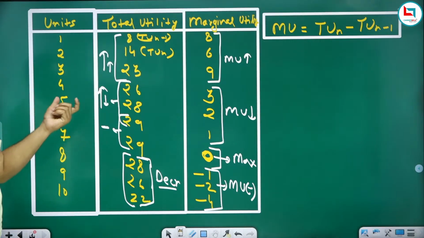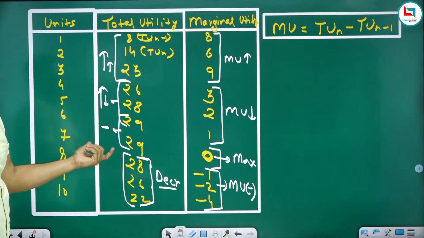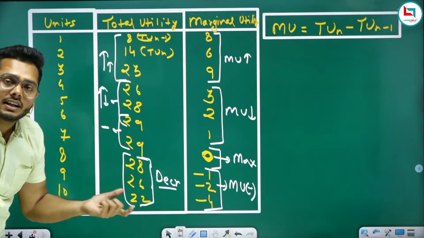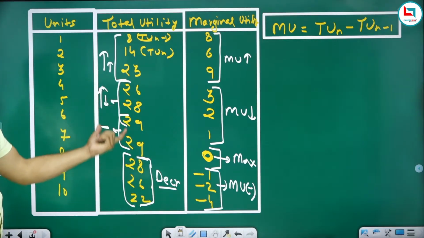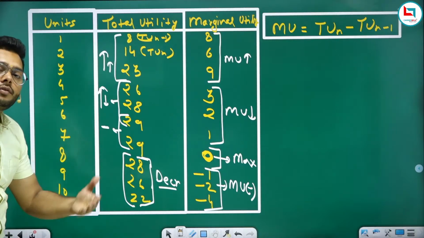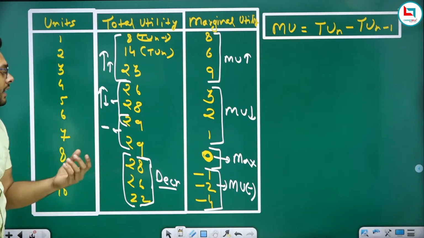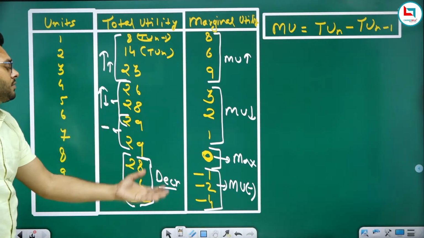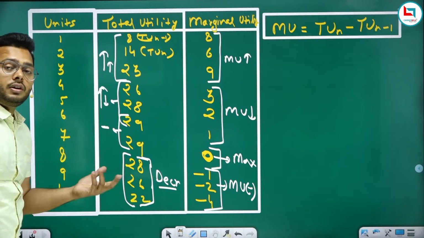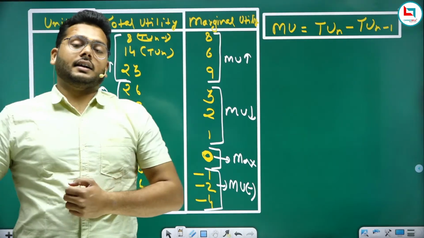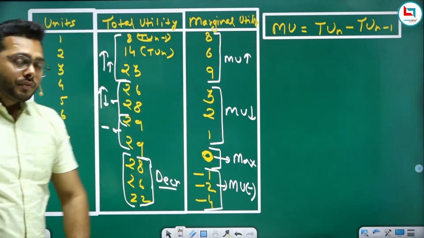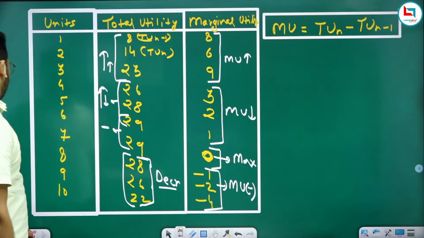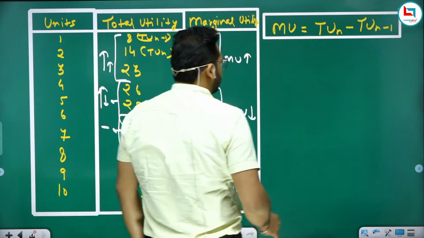And if you keep consuming, you will get maximum satisfaction, which means MU becomes 0 and TU becomes constant. And if you consume more and more goods, then you will get negative satisfaction, or you can say TU goes on decreasing. Right? So we can write here the relationship that you got.